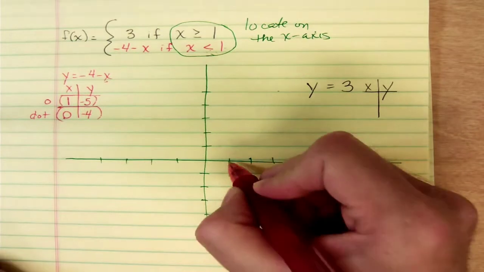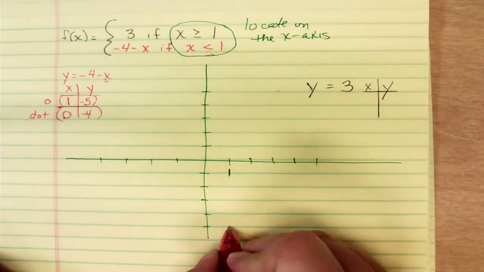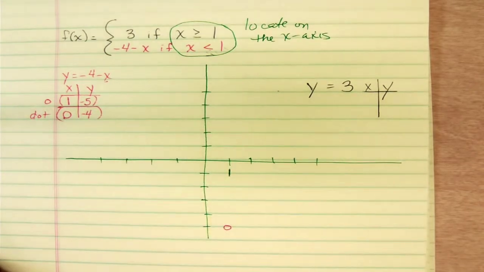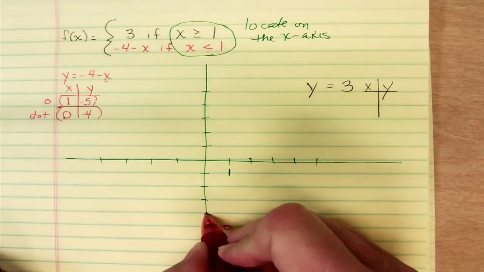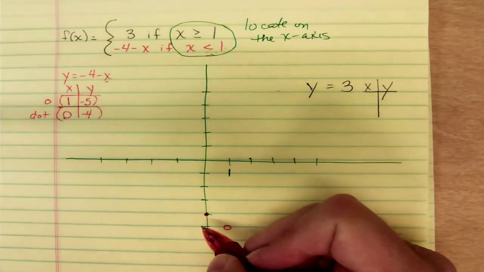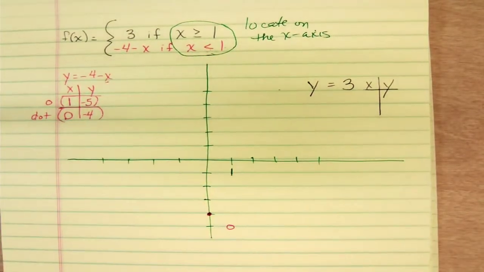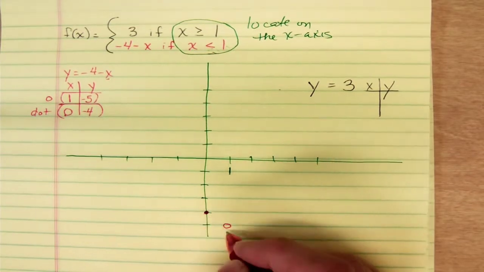So right 1, down 5. 1, 2, 3, 4, 5. Open circle. And then over 0, down 4. Okay. Now I'll connect the open circle and the dot, and I'm going to keep drawing.